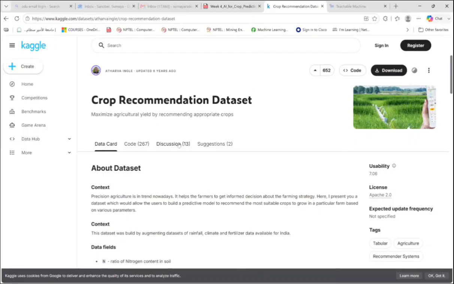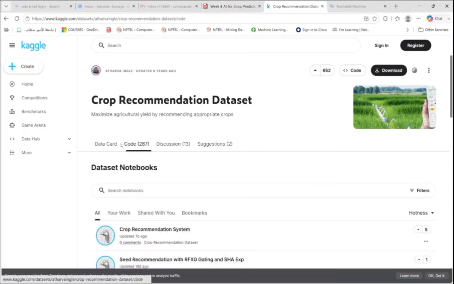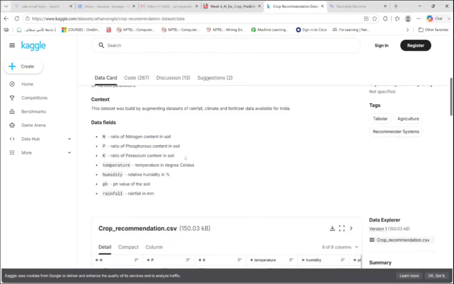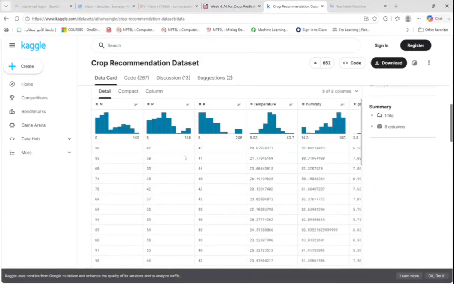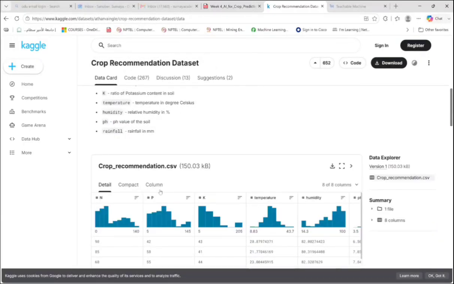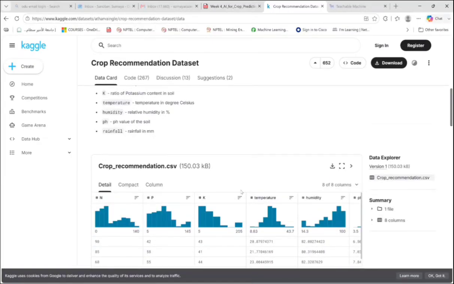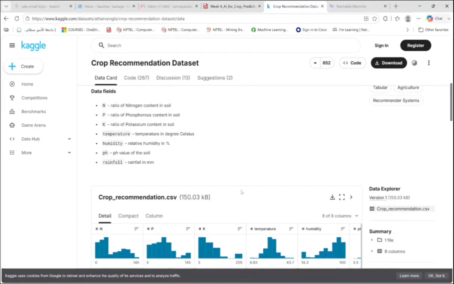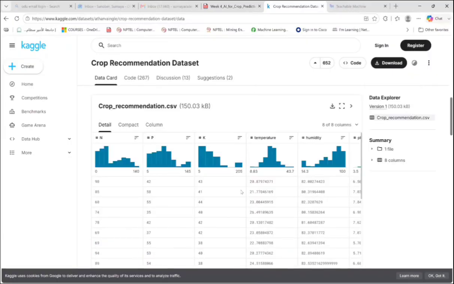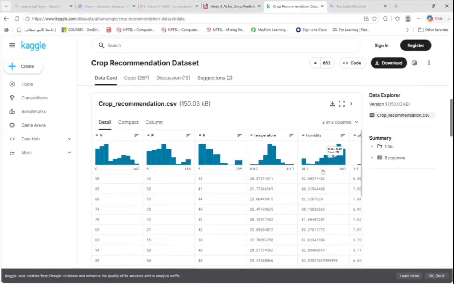This data has a data card. This is how the dataset looks, where you have nitrogen, phosphorus, potassium, temperature, humidity.